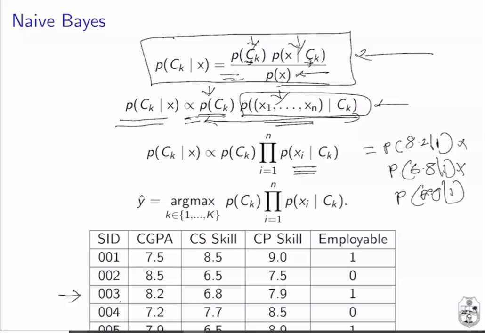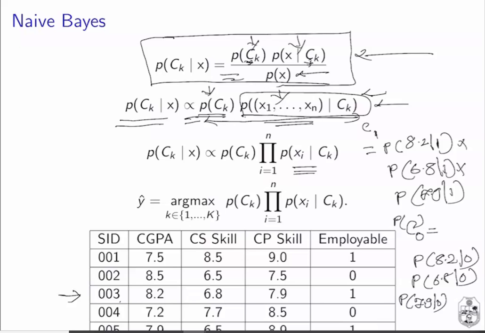So this is the probability for class C1. Similarly, you can calculate the probability for class label 0: P of 8.2 provided 0, P of 6.8 provided 0, and P of 7.9 provided 0. So this is the way in which you can evaluate this likelihood.